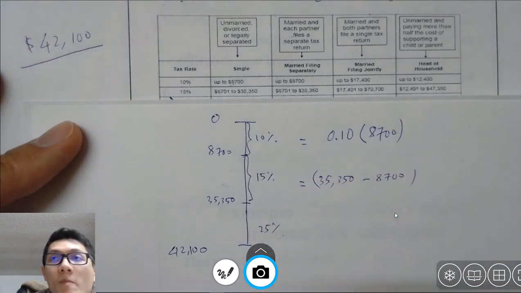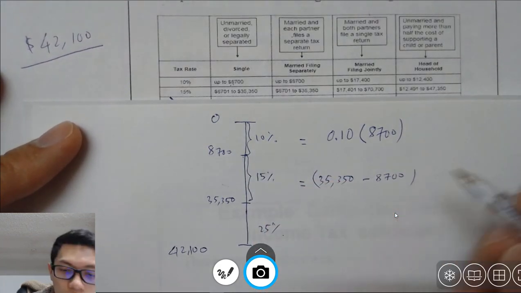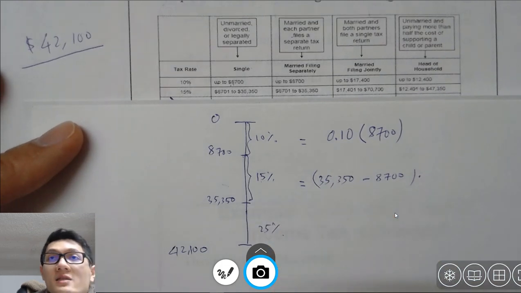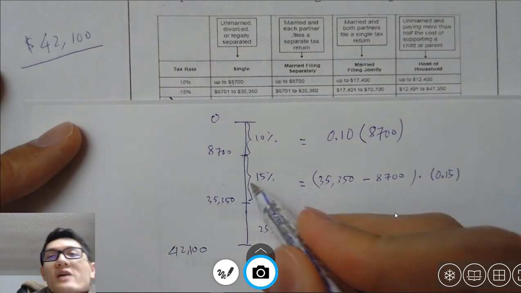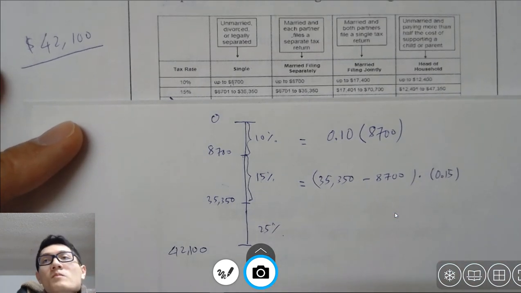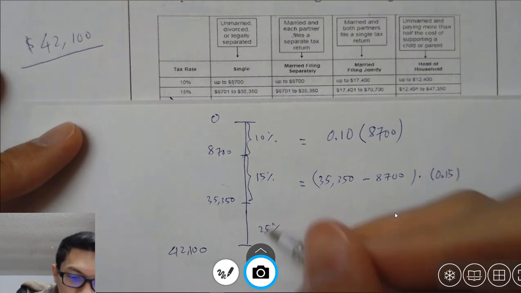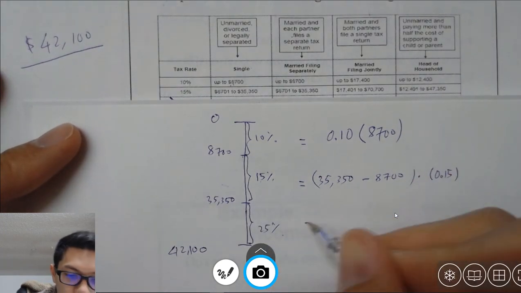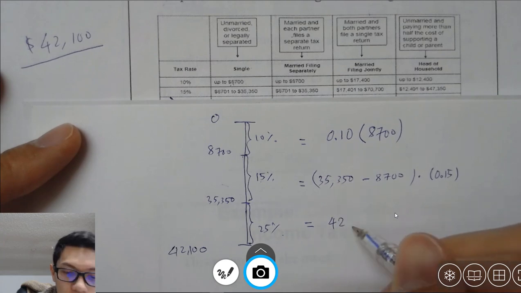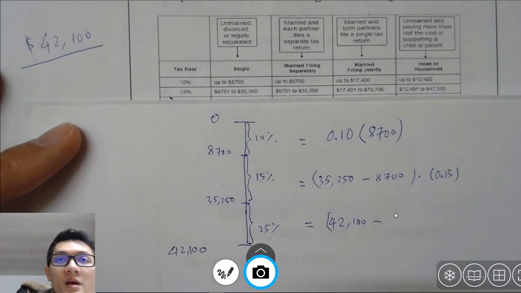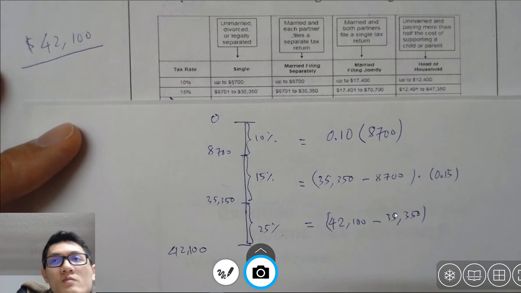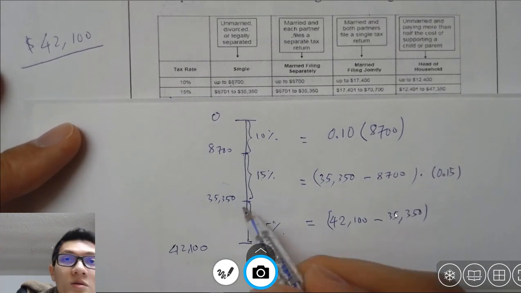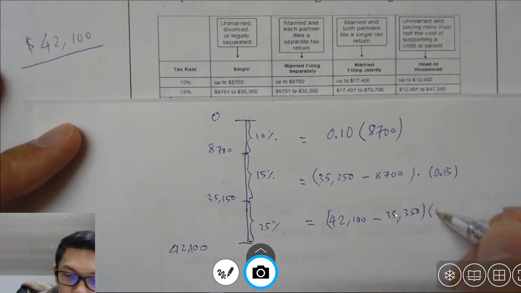This amount we multiply by 15%, because that is the rate, which is 0.15. 15% if you move to the left 2 places is 0.15. And then lastly, we take 42,100 and subtract the ending here, 35,350, and the rate for this interval is 25% or 0.25. We multiply with that.